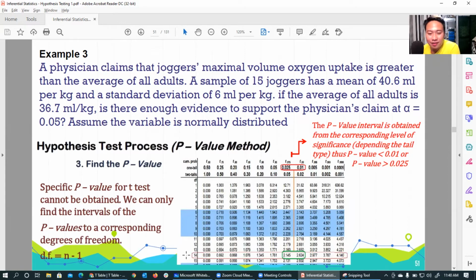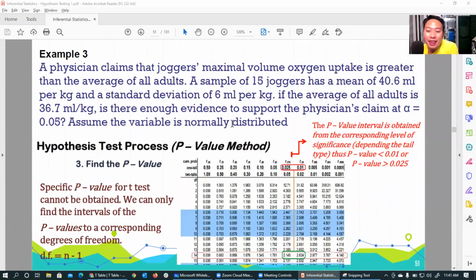One-tailed. Yes, it's one-tailed because the alternative uses less than or greater than.